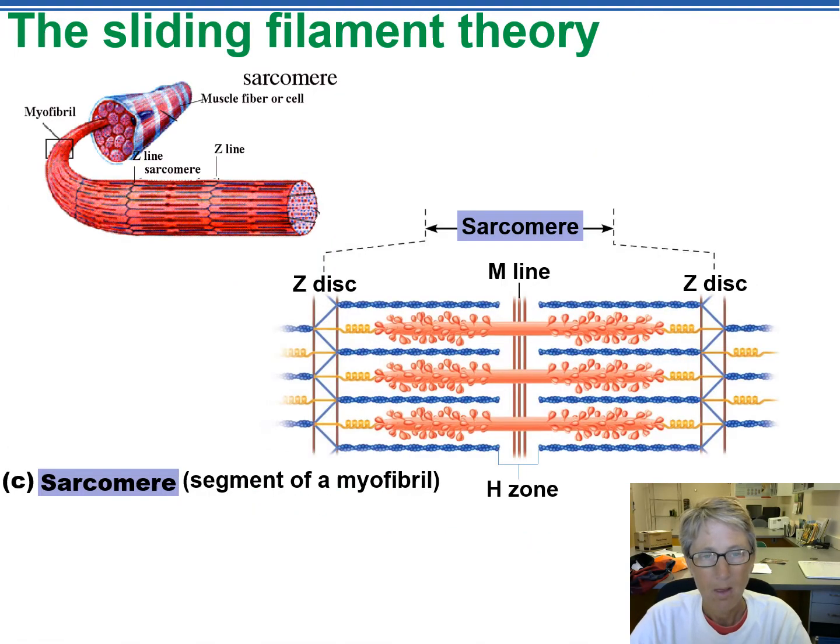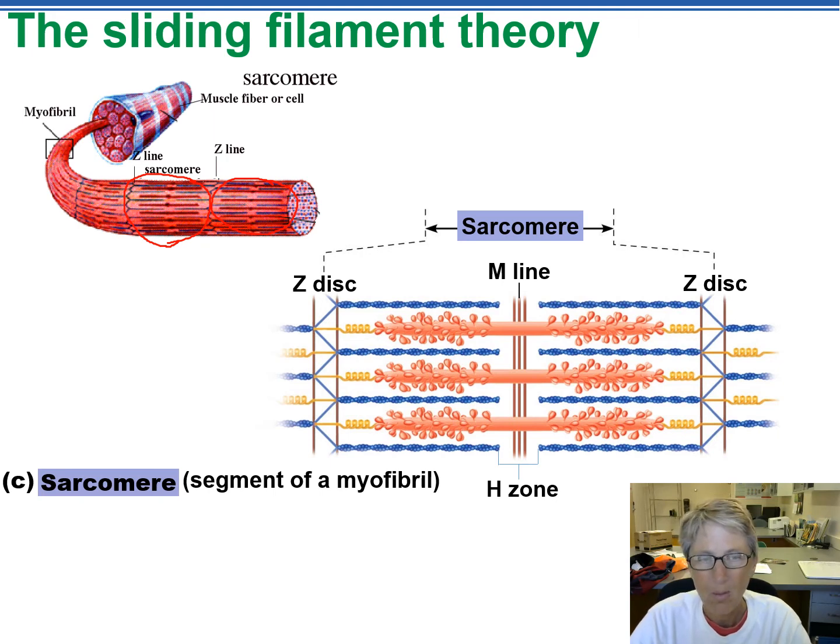Okay, and we talked about that. So the sliding filament theory allows for muscle contraction. Like I said, when you have hundreds of thousands of these sarcomeres all getting shorter at the same time, that whole muscle cell will get shorter and you will contract.